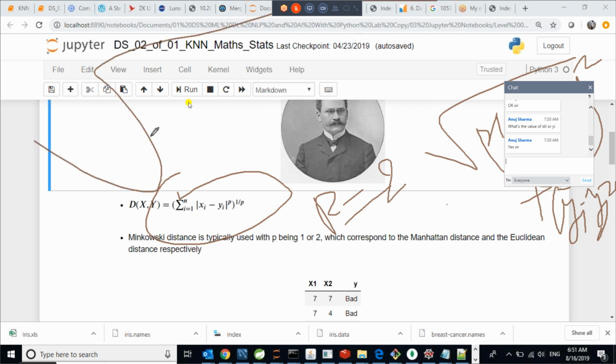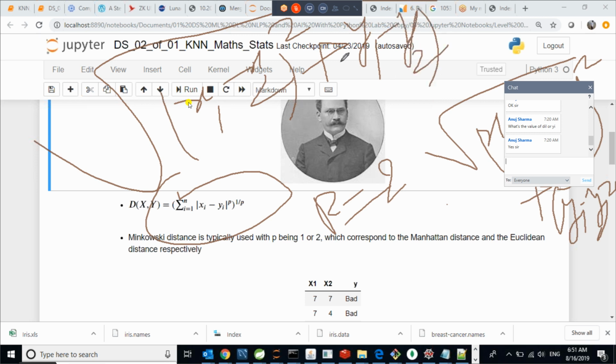This is the Euclidean distance formula: (x1 minus x2) whole square plus (y1 minus y2) whole square. This is the formula when you put p equal to 2.